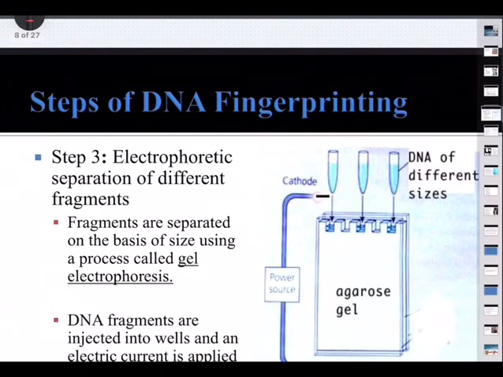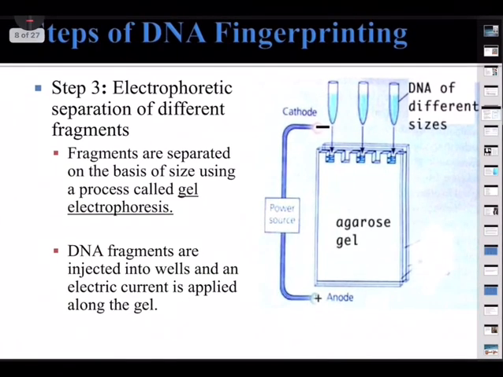And step number 3, that is electrophoresis. So electrophoresis makes use of agar gel, and of course the agar gel is very important. Fragments are separated on the basis of size. Just now we said long size and short size, using a process called gel electrophoresis.